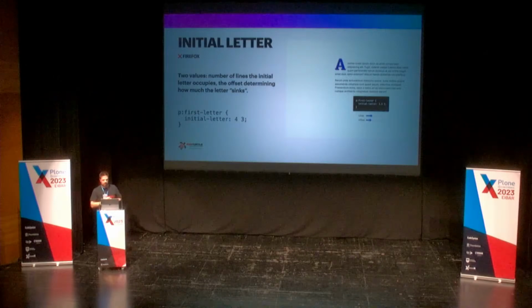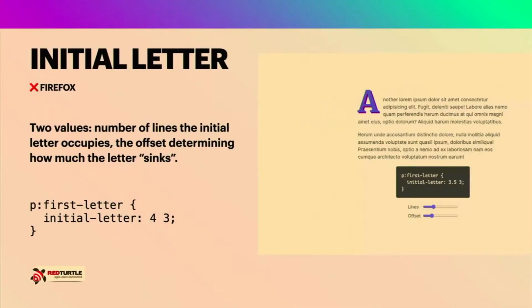Another interesting one that's also a nice progressive enhancement nowadays is the initial-letter CSS key. So you can style, for example, the first letter of a paragraph using this example CSS here.